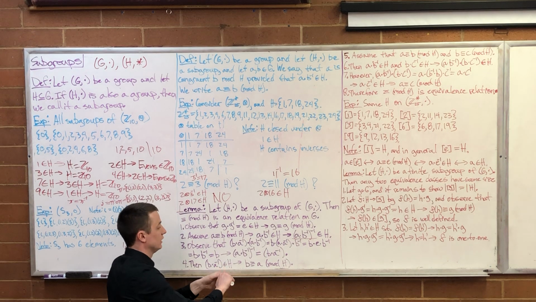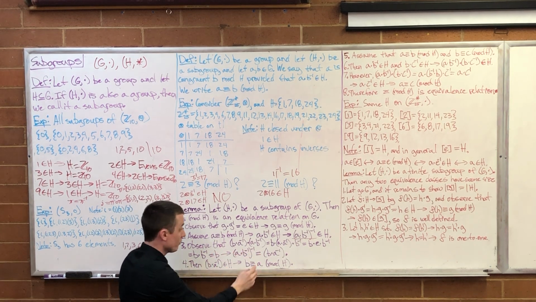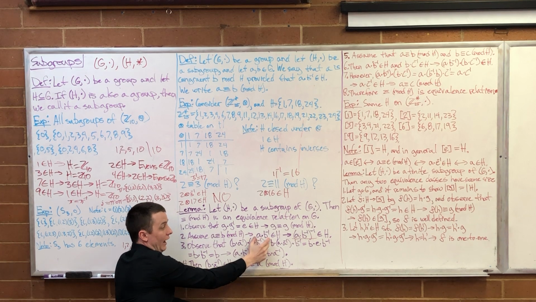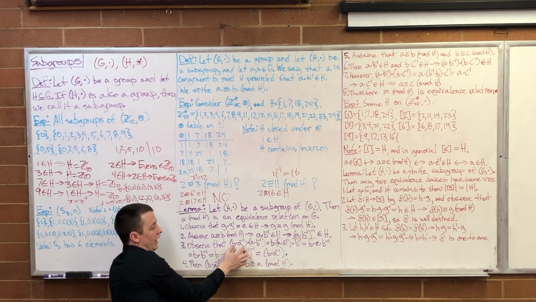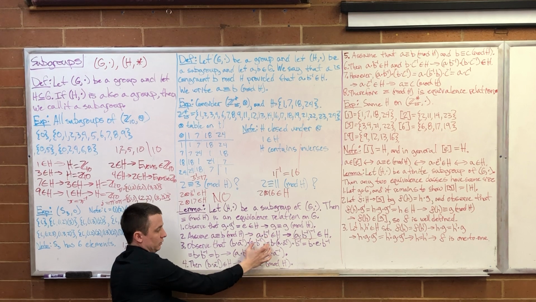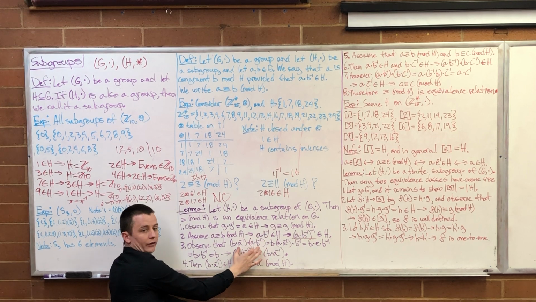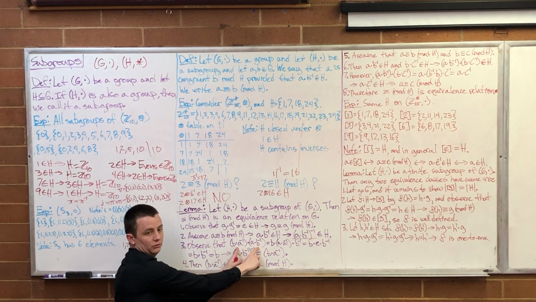Alright, so now let's just show something really quick. Observe that a dot b inverse is right here. Notice that we're using that again. But look at b dot a inverse dotted with a dot b inverse. So this thing dotted with what we had up here. With me so far? So we're observing, what is this going to equal?